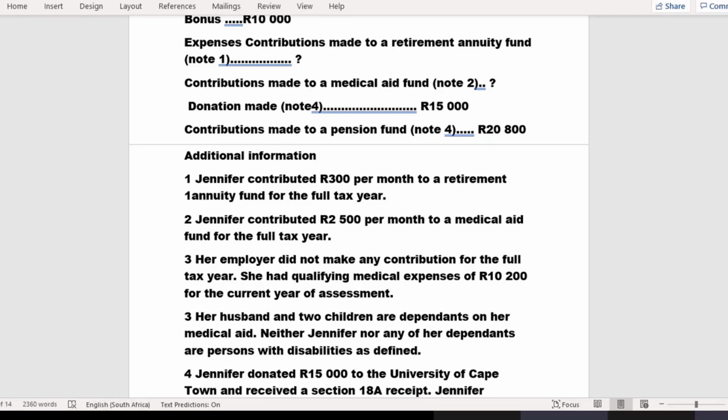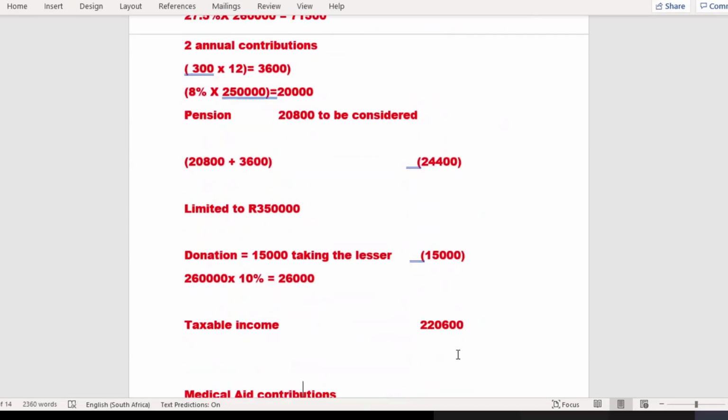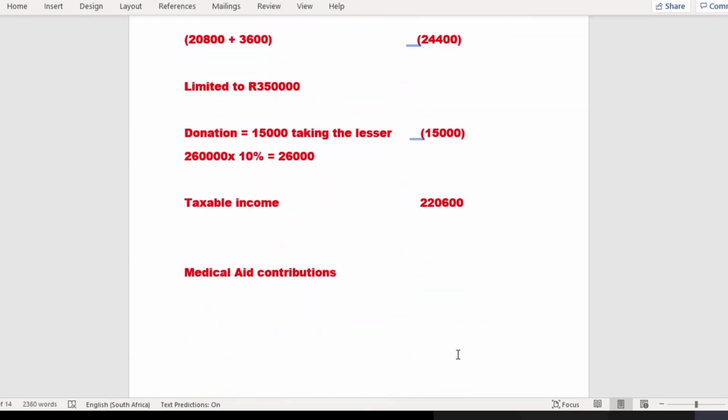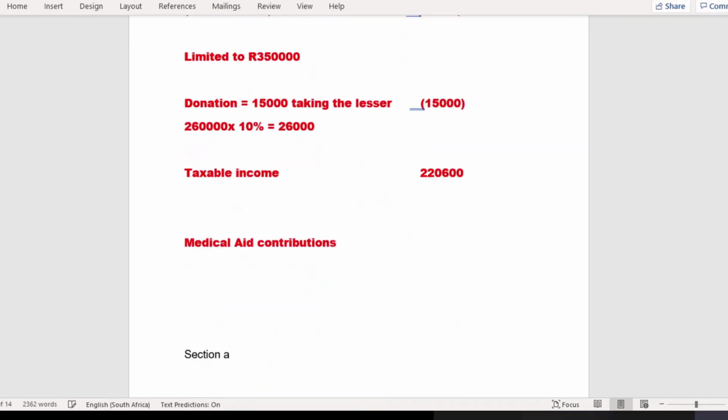Okay, you say you are applying section A. Then what do you do? Then I say the rule of medical aid is that the main member pays a monthly fee of 319, I think. 319?